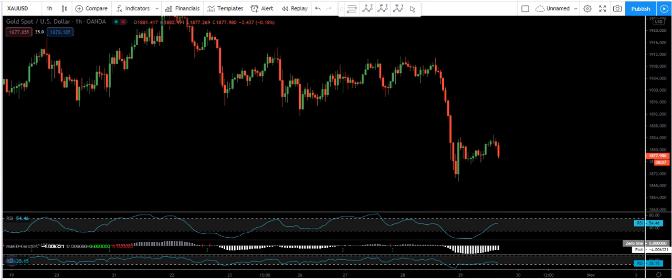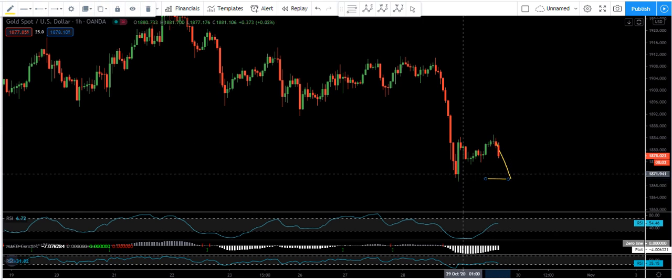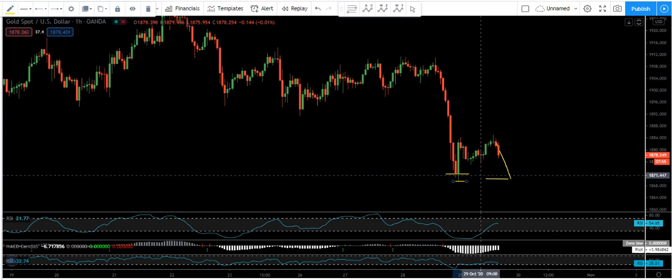But if the price comes and takes the low, then we don't have the buy setup. That means if the price keeps dropping from here, comes somewhere around here or this, especially here, we are not looking for the buy.